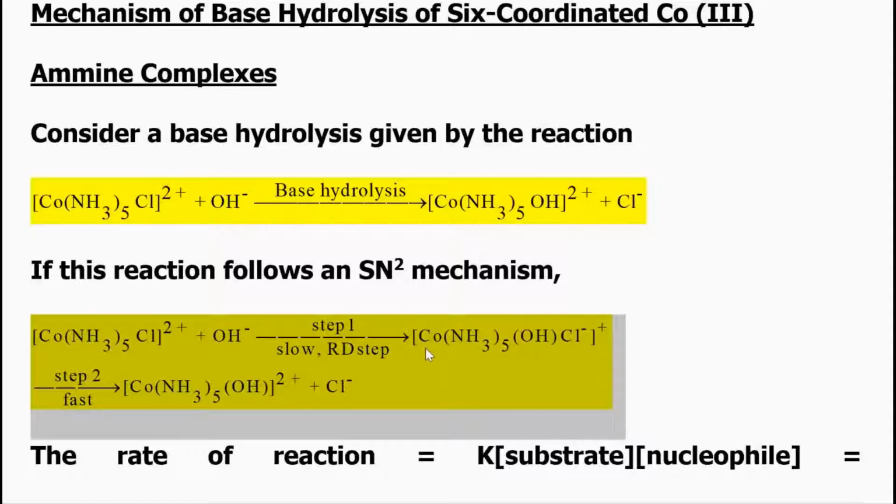Now, because of extensive crowding on this intermediate, the removal of the outgoing ligand, that is Cl-, becomes easy, and in the second step of an SN2 mechanism the chloro ligand is removed, and because of that the charge over the complex is again increased to +2.